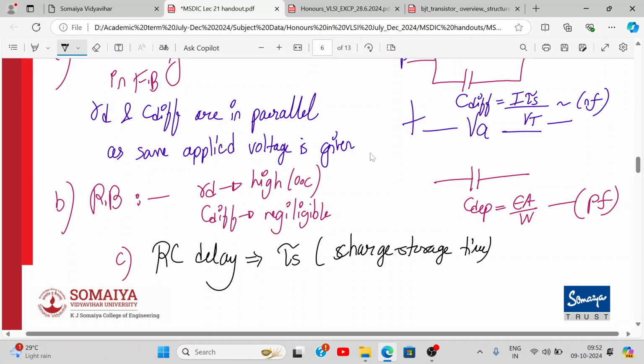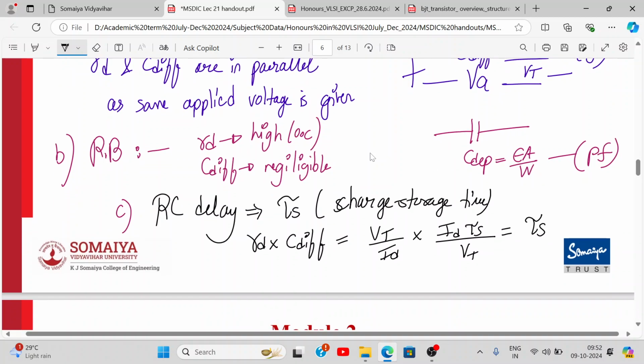Under forward bias, if you multiply RD with C diffusion, what you will get? VT upon ID. And what was this formula? ID tau S into VT. What do you get? Charge storage time.